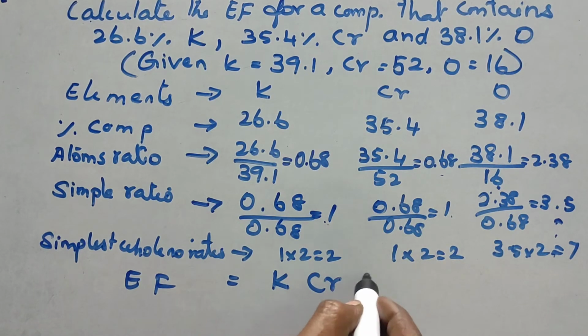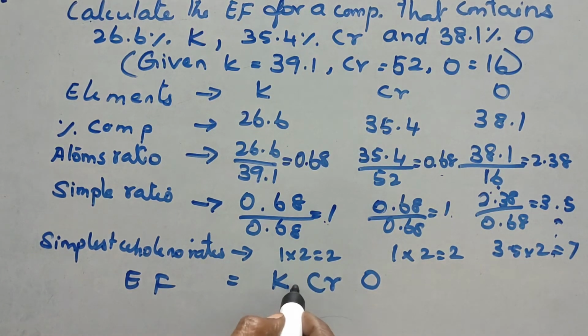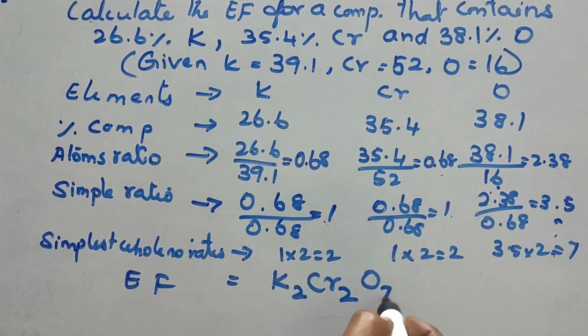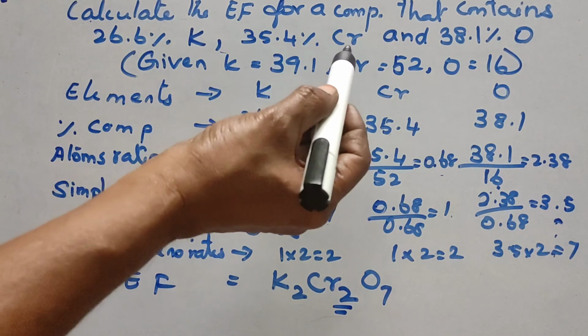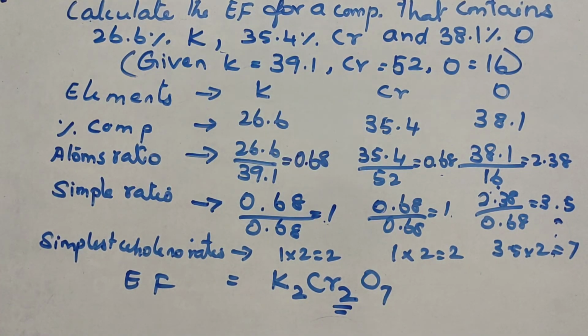Potassium, chromium and oxygen. Here we have found the simplest whole number ratio, and it should be written as subscripts. Potassium 2, chromium also 2, oxygen 7. This is the empirical formula of the compound which contains this much percentage of each element.